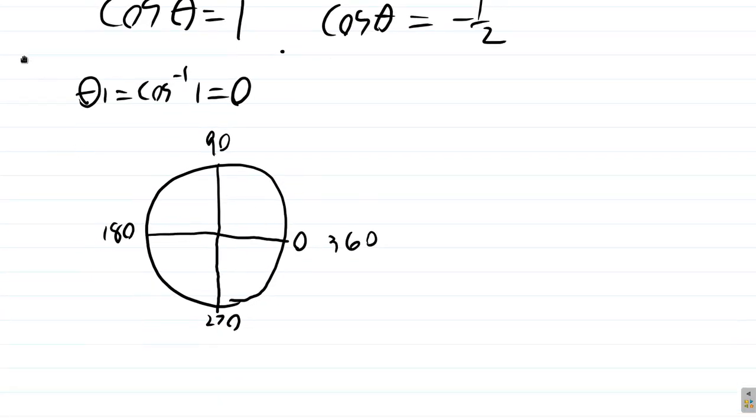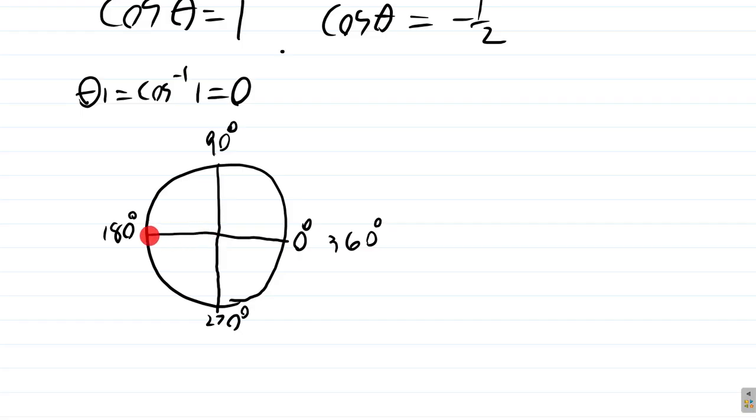Now, if theta is 0 degrees, then cos theta is 1. So cos is adjacent over hypotenuse. This is the hypotenuse and this is also the adjacent. So 1 over 1 is 1. That's why cos 0 is 1.